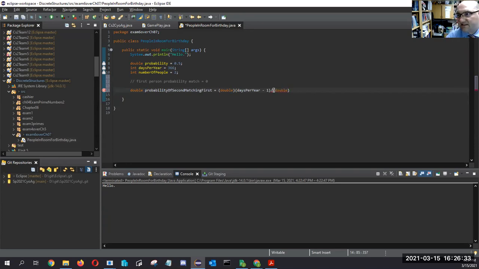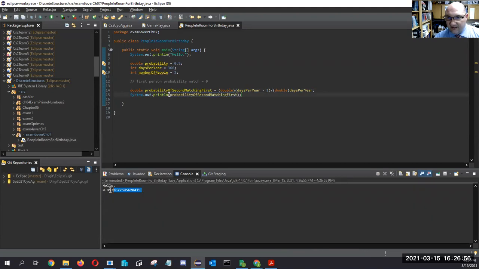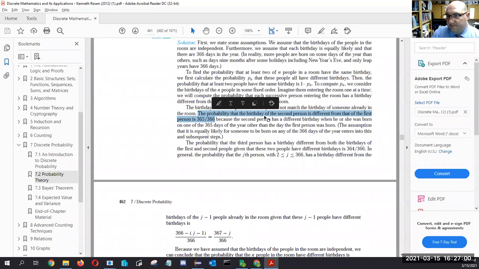I'm recasting these as double so I don't get a rounding error. All right, let's just print this right quick, just because I'm looking for a pattern here. I'll make sure, yeah, it's less than 1. So that's what I was hoping to see.